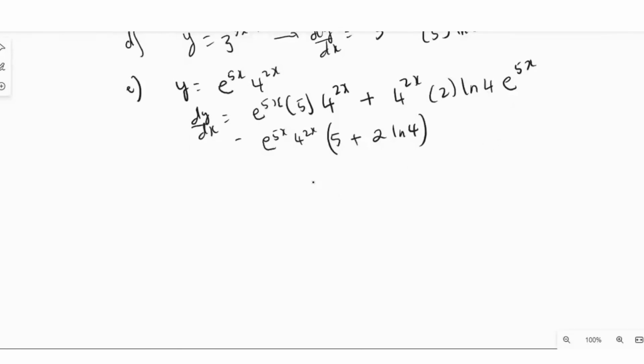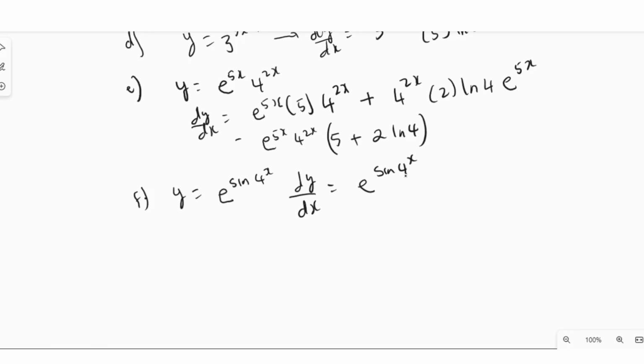Let's see one more example. F. If I have y equal to e to the power of sine 4 to the power x, then dy/dx will be the same first, e to the sine 4 to the power x, times the derivative of the exponent.